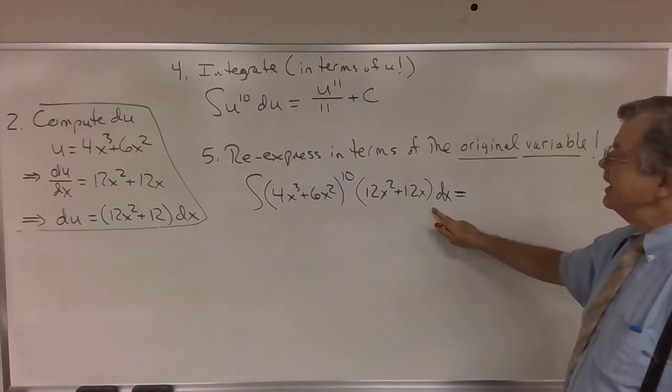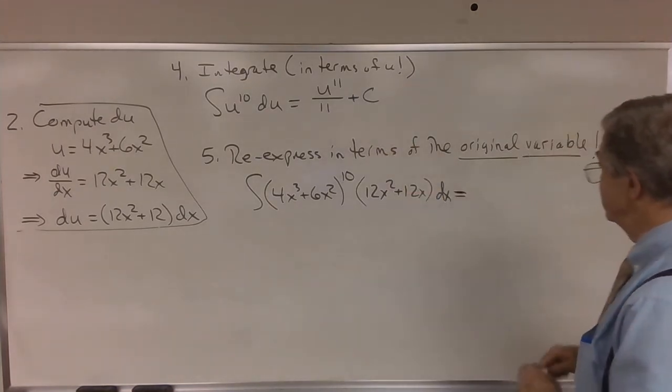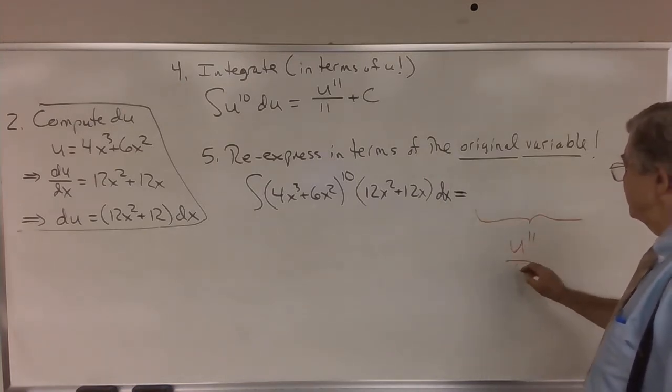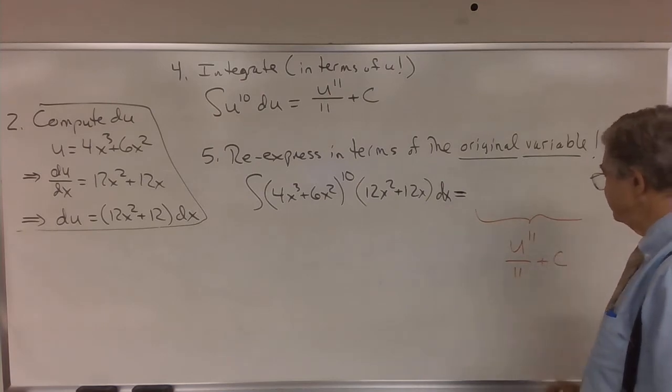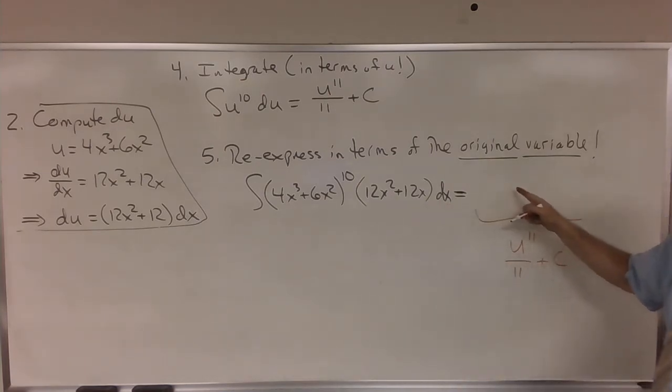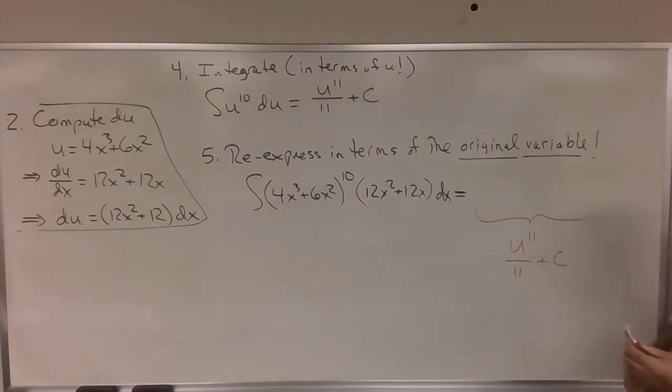I know what this answer is in terms of u. In terms of u, this is u to the 11th over 11 plus c. But I started out in terms of x, I need to finish in terms of x, which means that I need to replace this u with its equivalent in terms of x. And how do I find that?